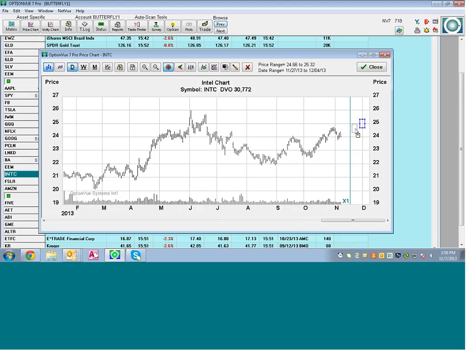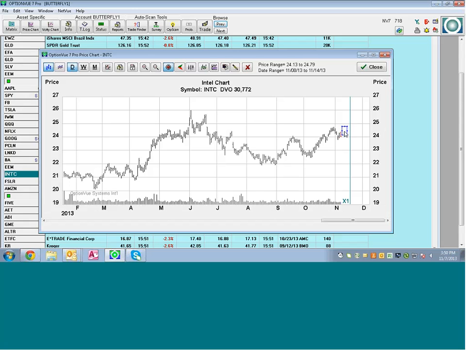When I do that, it's depicting up here what I'm doing with this box. My price range now is $24.13 to $24.79, and my date range, which is the width of the box, says I want to get out of the trade by November 8th to the 14th, so somewhere in that time frame.